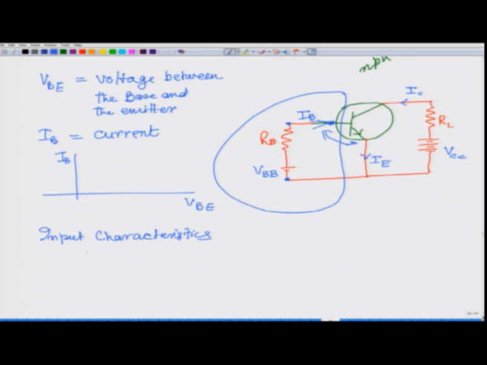And in this I have to keep VCE constant. What is VCE? VCE is the voltage between the collector and the emitter.